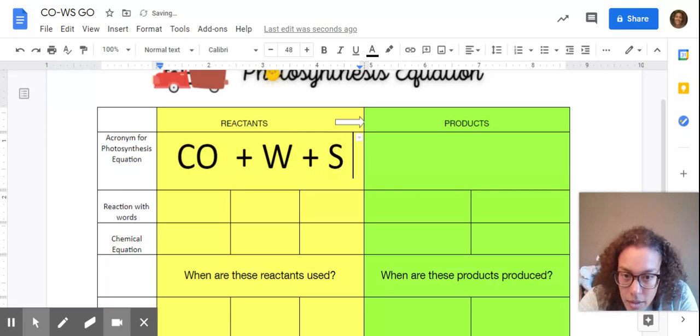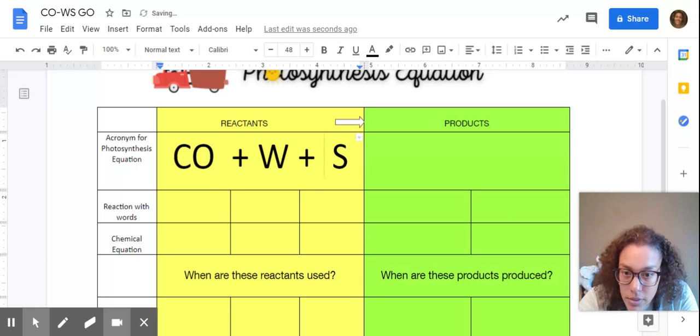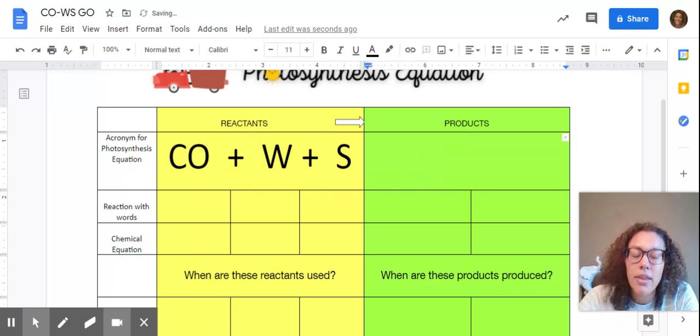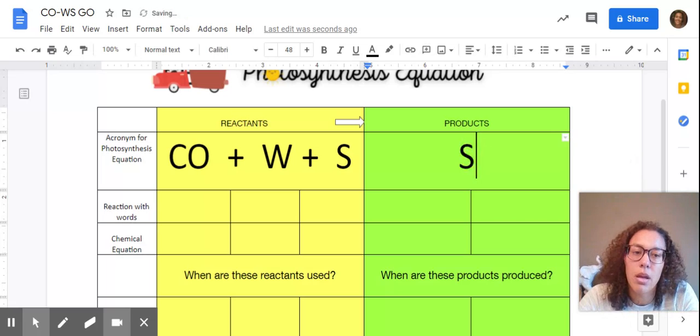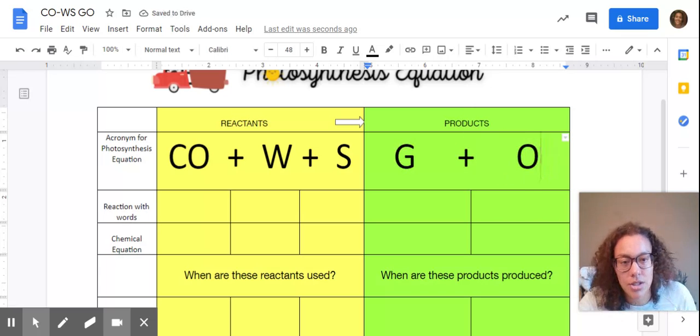Then I'm going to make sure this is aligned properly so that it fits into our window, nice and neat. My products from this are going to be the GO part: G for glucose and oxygen.